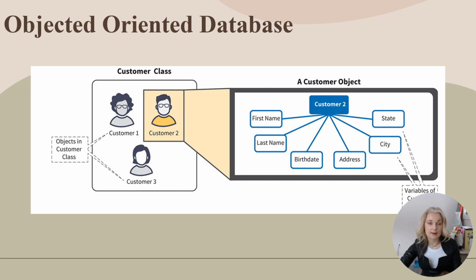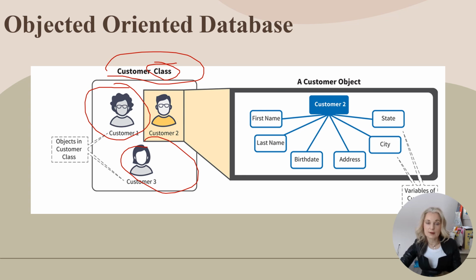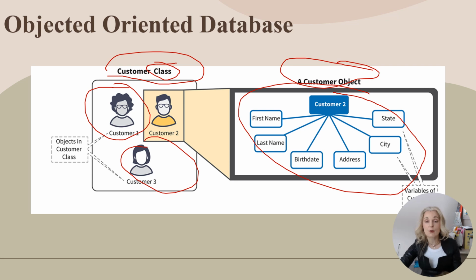Here we have a class. In this case, it's customers. And then each customer is an object within a class. And let's say we pull on customer 1, we have this customer object, and this customer object contains all these variables. So all this information is collected about this customer.